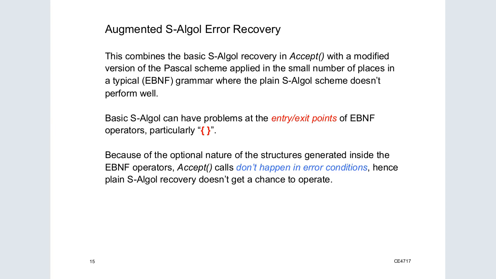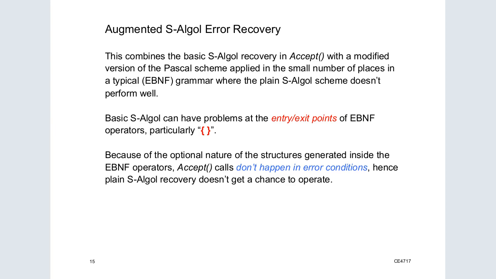Instead, we skip past the while loop and try to resynchronize on what follows the while loop in the parser source code. That means you can have a large portion of the program where the plain S-algol technique is not really getting a chance to operate.